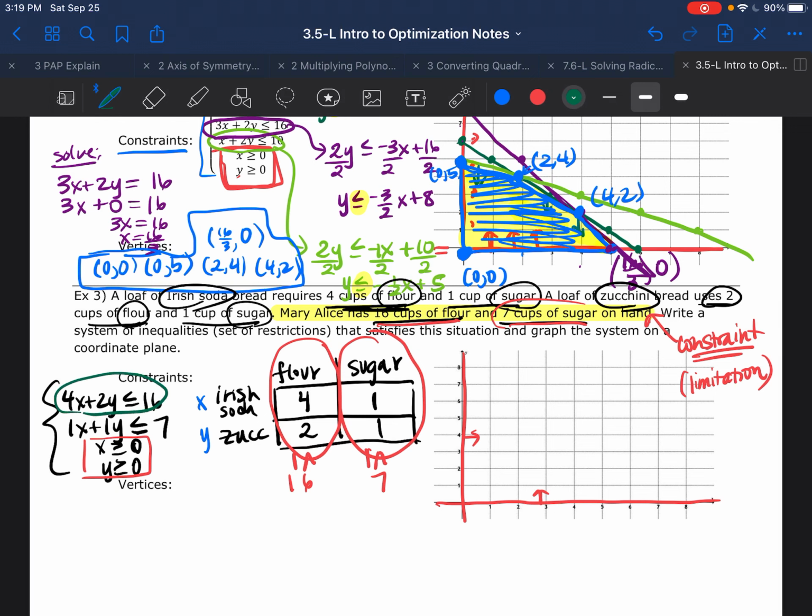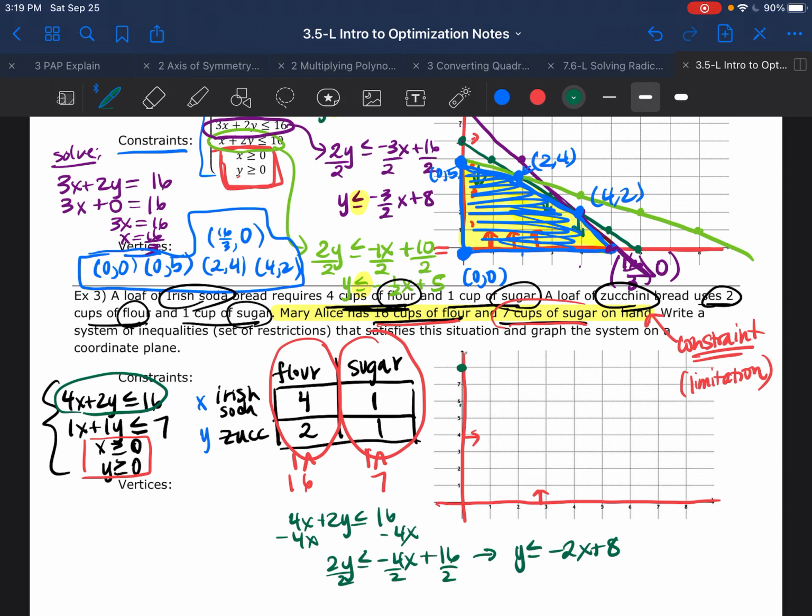For this top inequality, we need to move the 4x over, and then divide everything by 2. And so we have y is less than or equal to negative 2x plus 8.